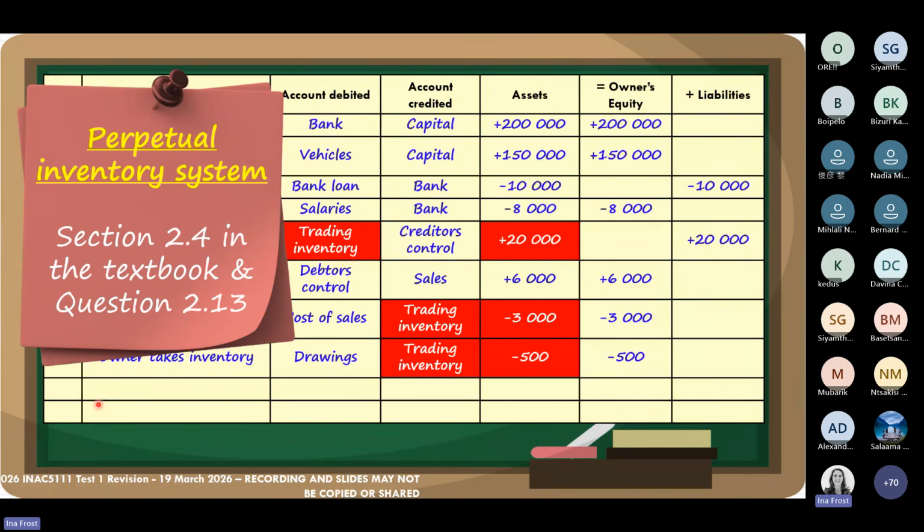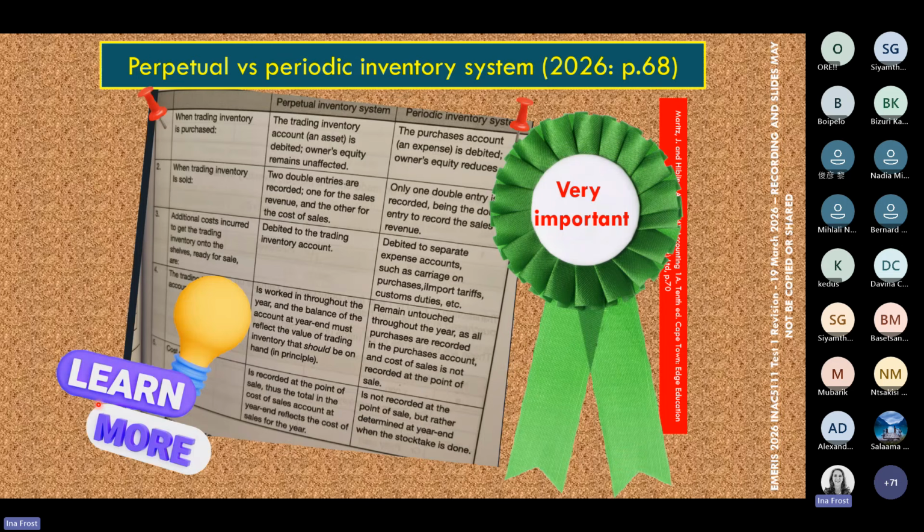It is key that you check your question in your test to see which inventory system is being used by the business. Because there is also another inventory system, and that's called the periodic inventory system.